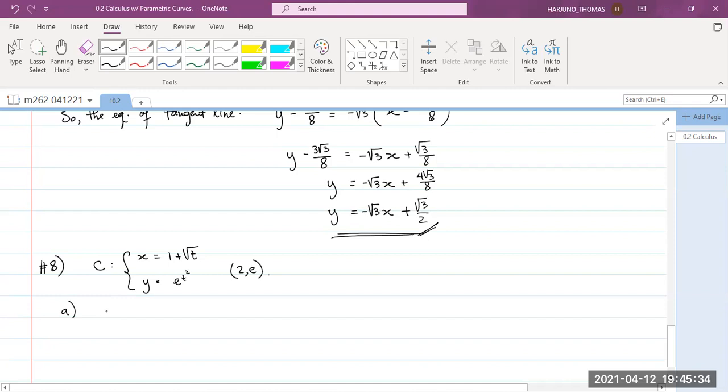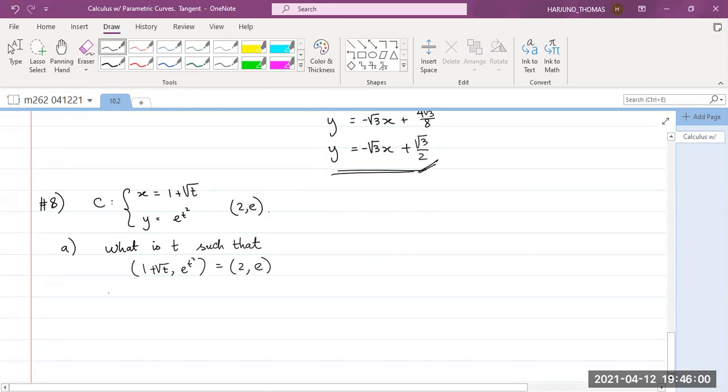So what is t such that (1 plus radical t, e to the t squared) equals (2, e)? I will look at the x component. 1 plus square root of t equals 2, right?